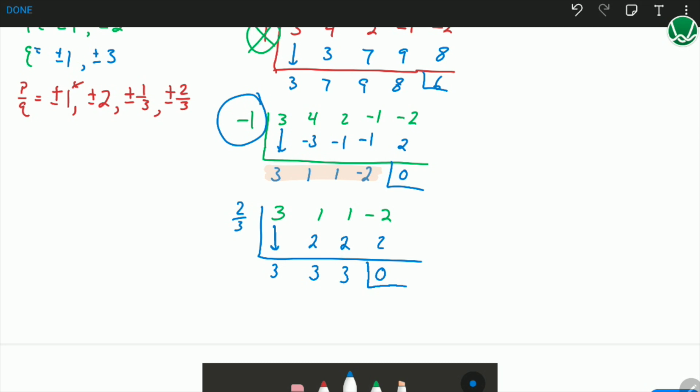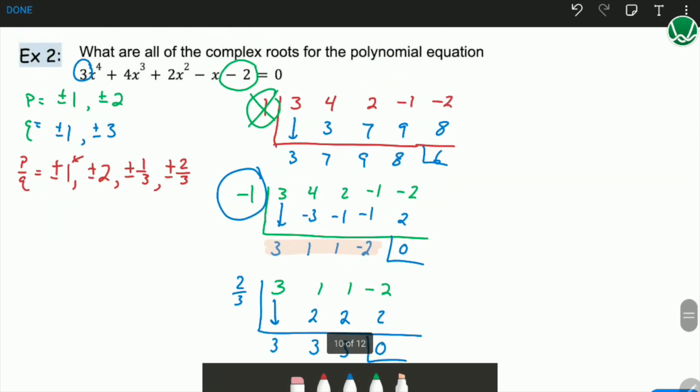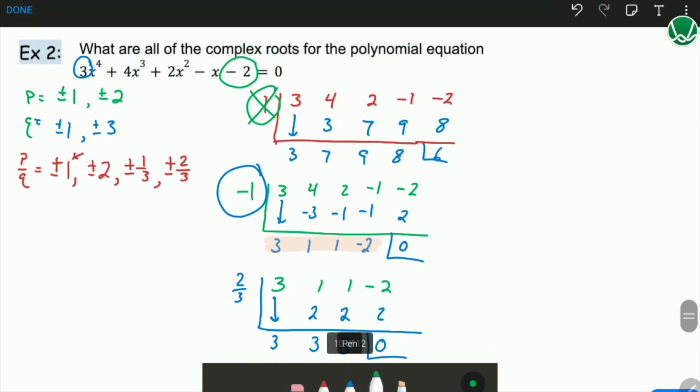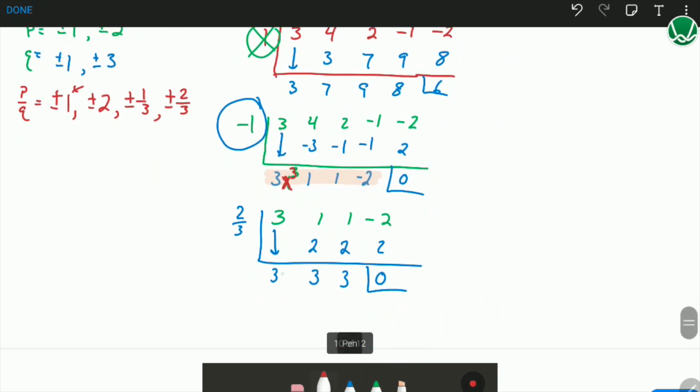Awesome. So cool. We are now down to a quadratic, or at least we should be. We started off with an x to the 4th, which means after the first successful synthetic division, we would have an x to the 3rd as our leading coefficient. Let's make that red so it stands out a little bit more. And then after our second synthetic division, that would put us down to x squared as our highest power, giving us a quadratic.